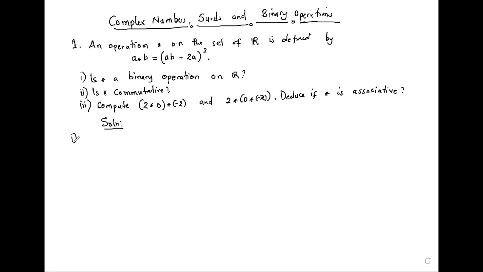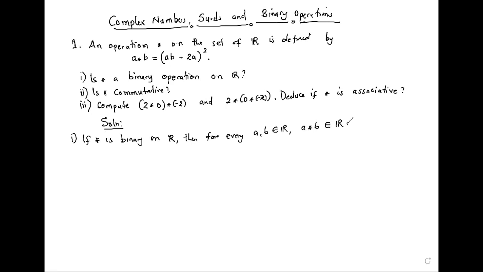So the idea is, if star is a binary operation on R, then for every A, B in R, A star B should also be in R. You see?